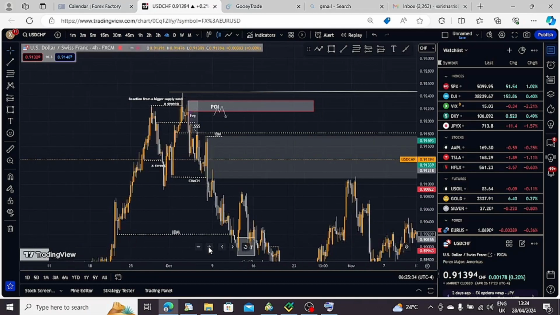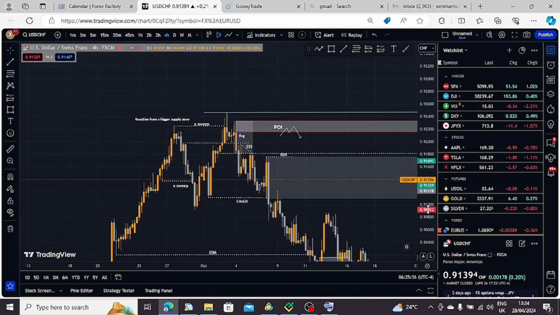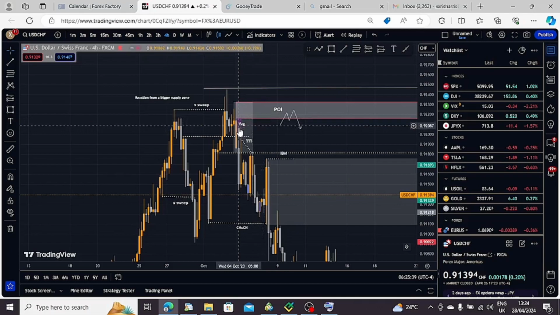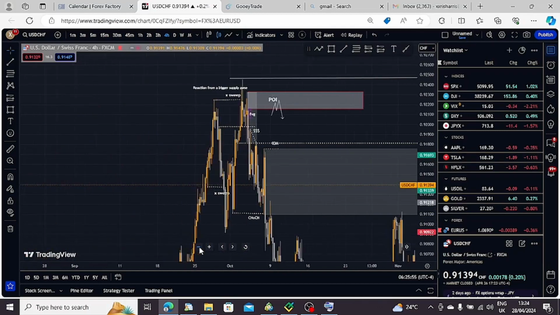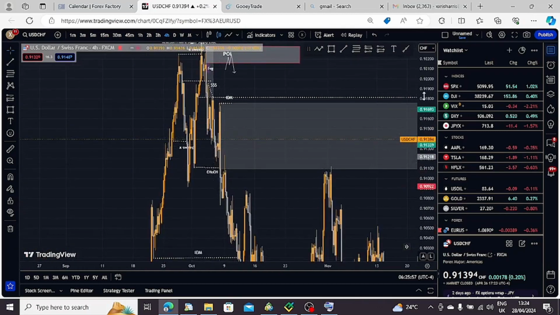I marked it with a purple. We have some fair value gap here. So either prices will sell off from this order block or will come up here. But I believe we can see some sell off on this order block, and I'll explain why in a few.